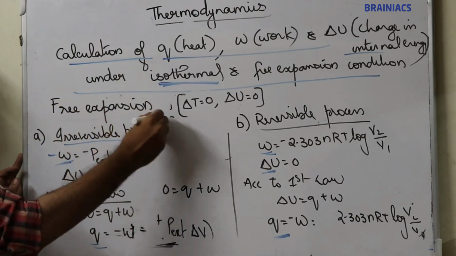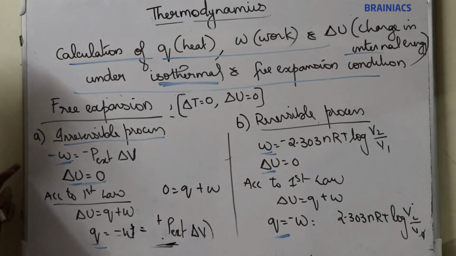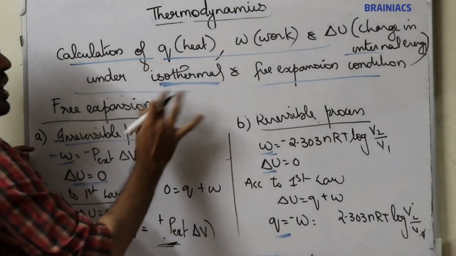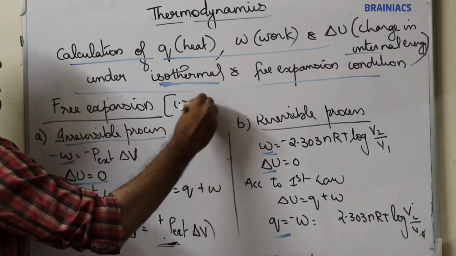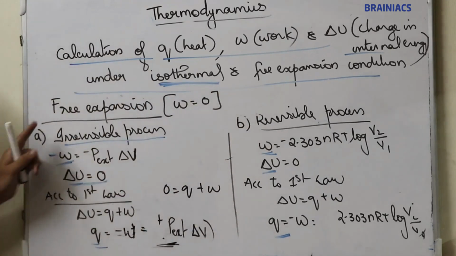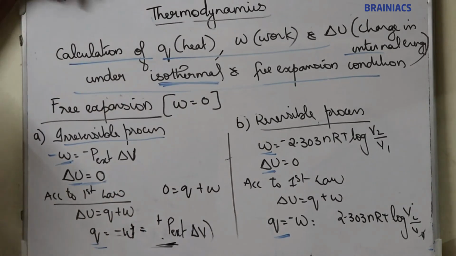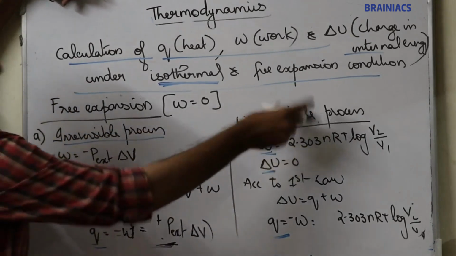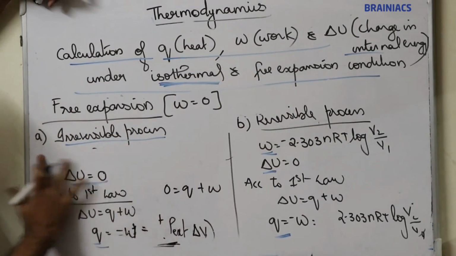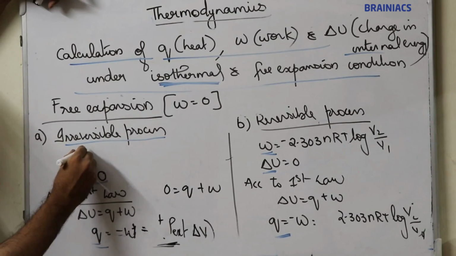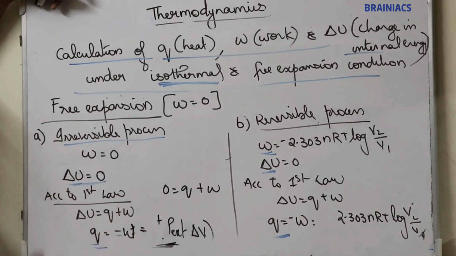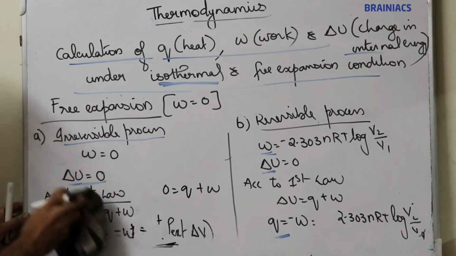Now under free expansion condition, W will be equal to 0, which we discussed earlier. For free expansion condition, W is equal to 0 for irreversible and reversible process. So W value is equal to 0.